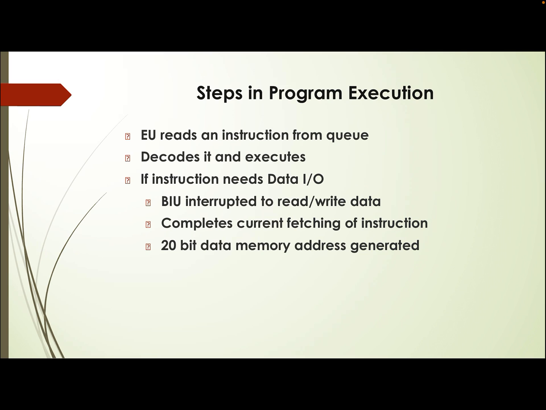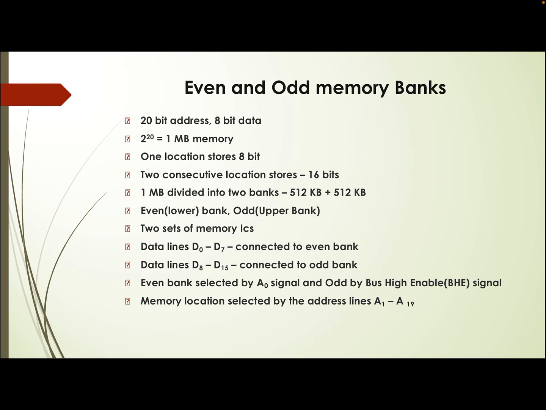The bus interface unit, which was fetching instructions and adding them to the instruction queue, stops that operation and becomes ready for data input or output. This is done after completing the current instruction fetch. Then a 20-bit data memory address is generated, and accordingly either the data is fetched from the memory or placed into the memory.